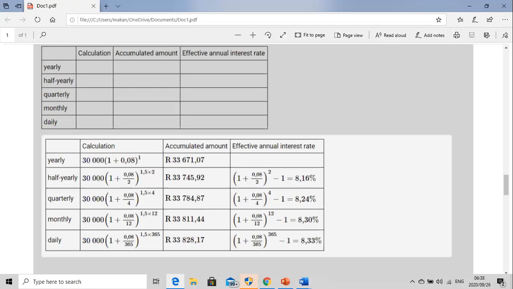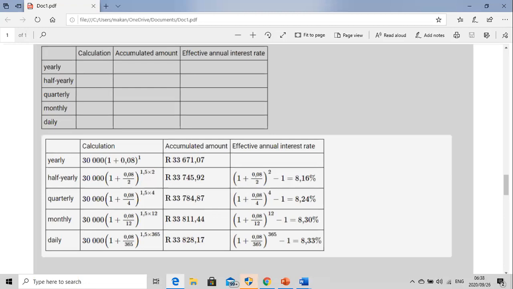And of course, if you subtract the accumulated amount from the beginning of the activity, you can see that there's a difference of 157 rands and 10 cents. So this tells you that the daily accumulation is far better than the yearly accumulation.